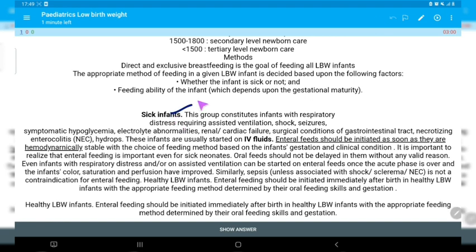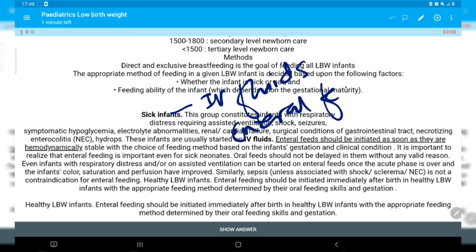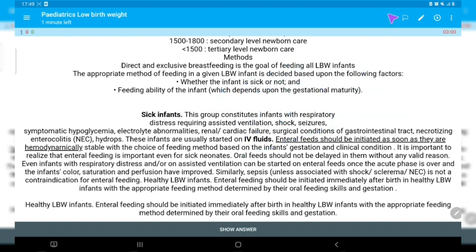So IV fluids initially, then enteral feeding. Oral feeding should not be delayed without any valid reason.